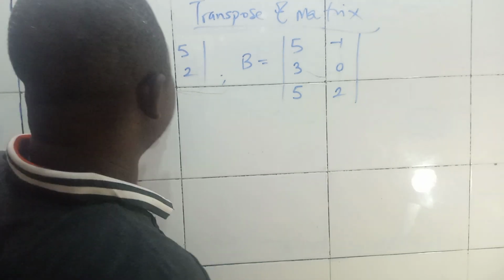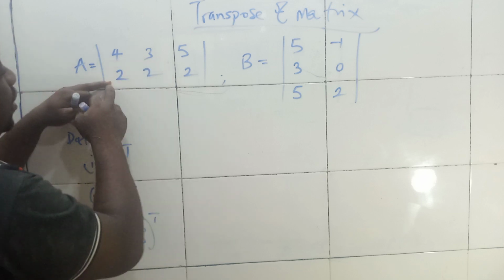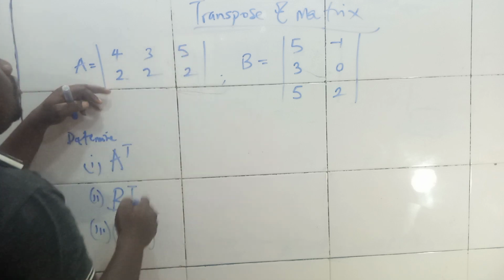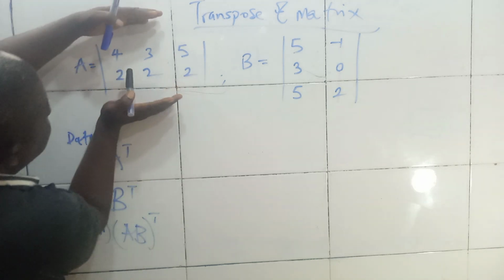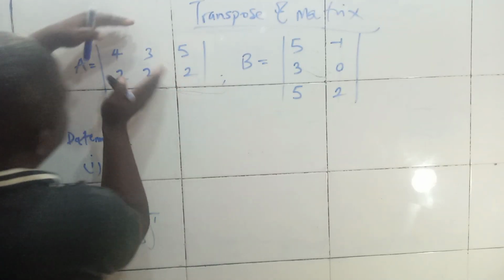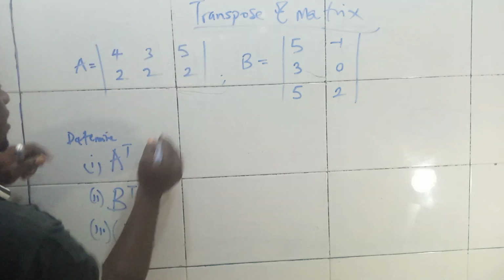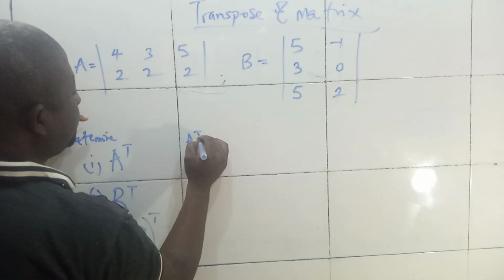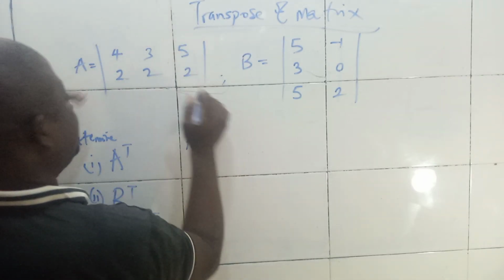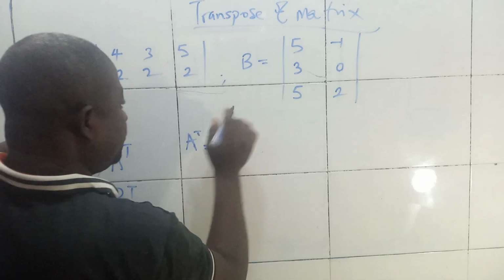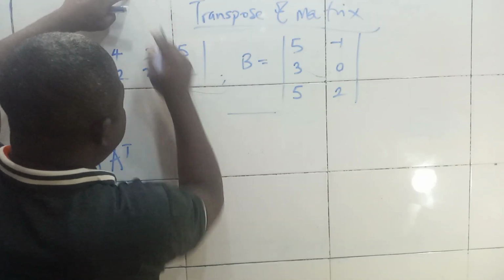For A transpose, it's very simple. This is more than 2 by 2. If it were 2 by 2, you can just interchange. But here it's more than 2, we have 3. For us to do this, it's just like you holding this matrix and standing it. Let's say it's sleeping, you want to stand it. So this A transpose will now become like this. This line is coming up.